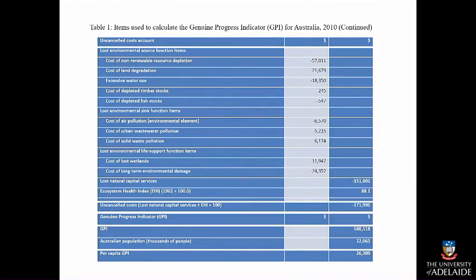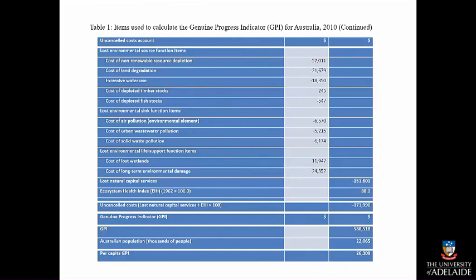When I did this particular study, I managed to produce an ecosystem health index, which I then used to weight the lost natural capital services. The reason for that was, let's take, for example, mining. There's basically two ways you can mine. You can go underground, or it can be open cut. Let's say it's open cut, then it might be a pristine area. You lose that ecosystem. If you go underground, you can still maintain it.